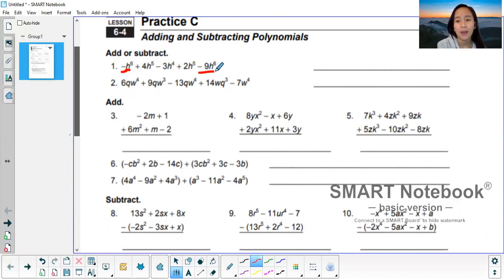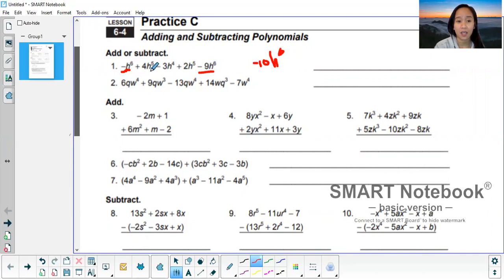Now, if you have just h6, that means you got this imaginary one before that. So what's negative 1 plus negative 9? For that case, I'll give you this one only as an example. So for that case, negative h6 plus negative 9h6 is just negative 10h6. Or negative 1 plus negative 9 is negative 10, and then you just copy h6.